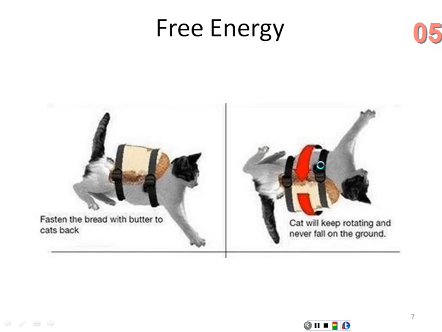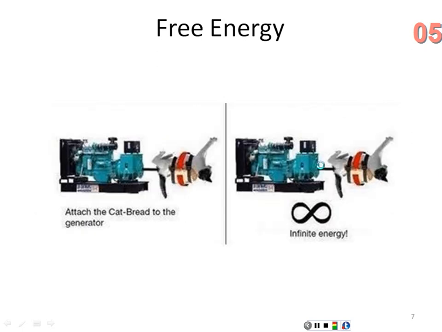So what happens if you strapped a piece of bread with butter on it to a cat's back and picked it up and dropped it? Well, it wouldn't know what side to land on, so it'd just sit there and keep rotating. If you attach this to a generator, then you can generate an infinite amount of energy.